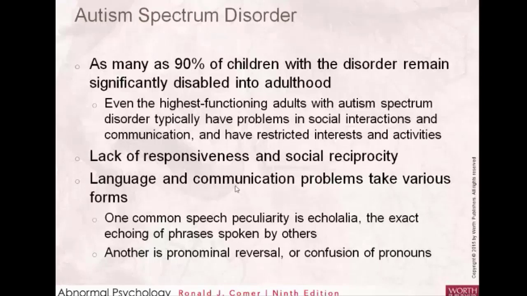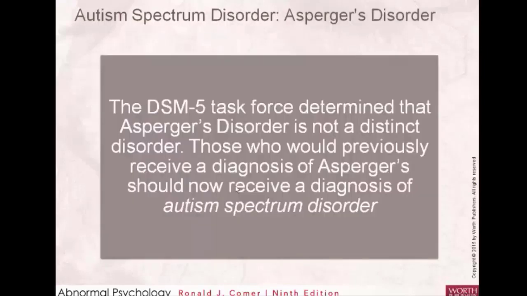And yet there may be some individuals who have severe symptoms almost on a nonverbal end of the spectrum. So this is really a wide variety of dysfunction here. Now, as I said, the DSM-5 has included all of those previous separately diagnosed disorders together in this one autism spectrum disorder category.